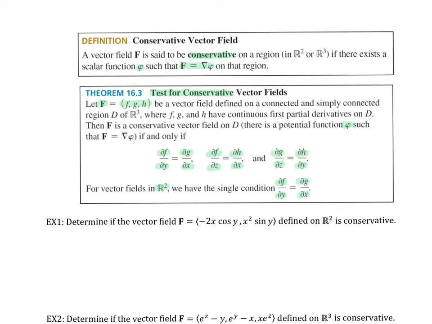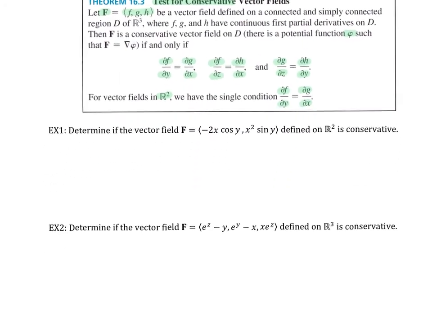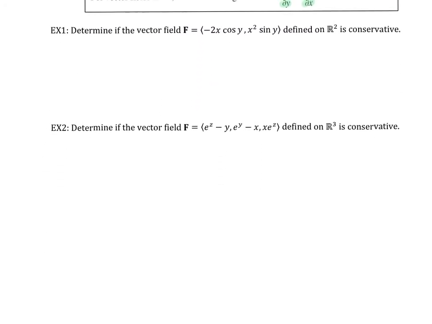The first thing we want to do in example 1 is we're going to determine if our vector field is conservative. So what we're going to do is compute all those partial derivatives. Our vector field is negative 2x cosine y, so that would be our f. x squared sine y would be the g. And this is two dimensions.